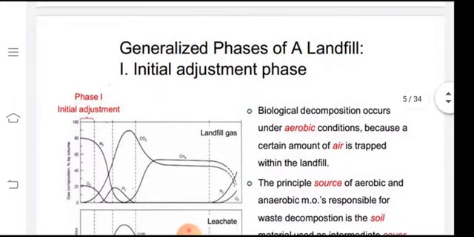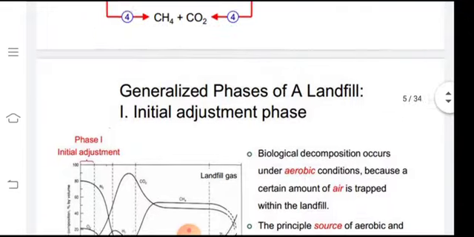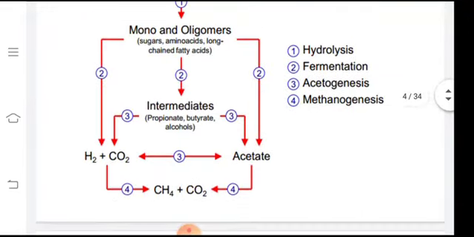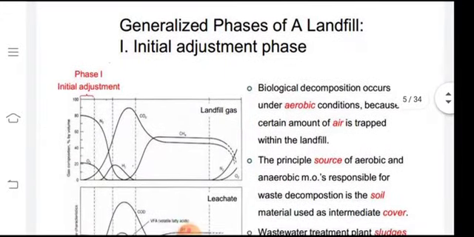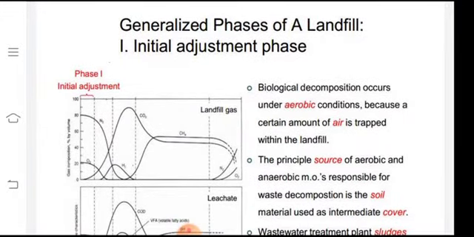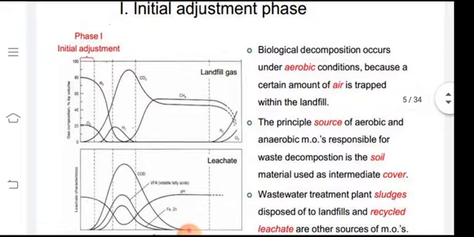There are actually five phases which constitute all these four processes. In the first phase, the initial adjustment, there is initially some oxygen present. Because of that oxygen, we will have decomposition under aerobic conditions.